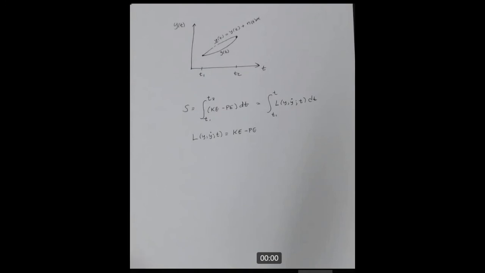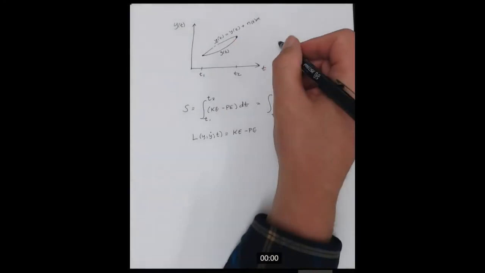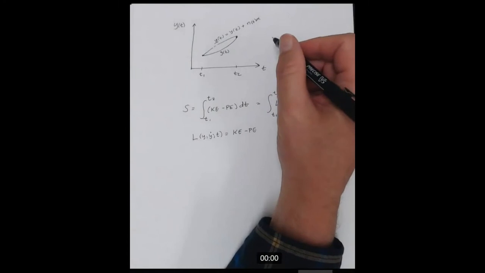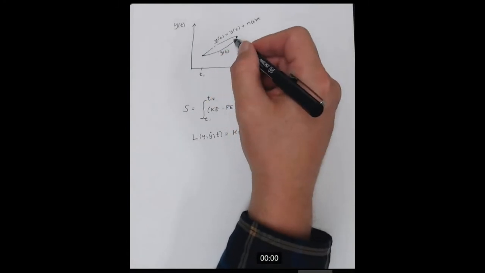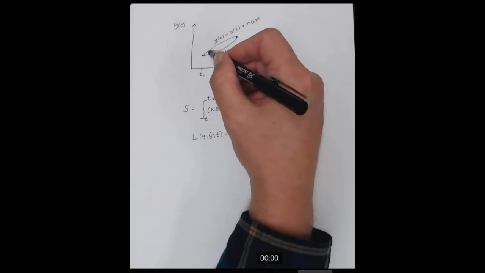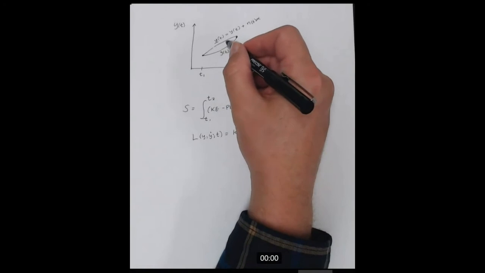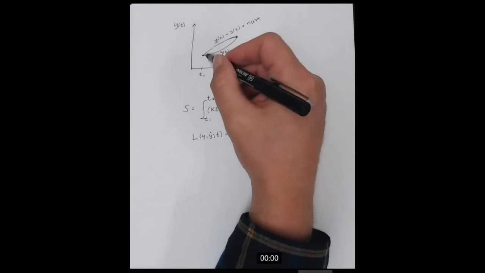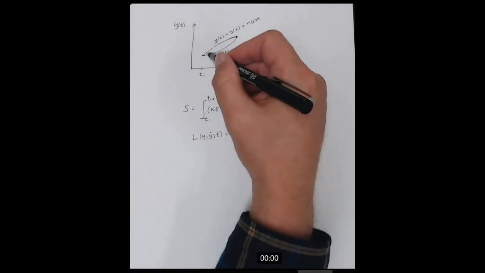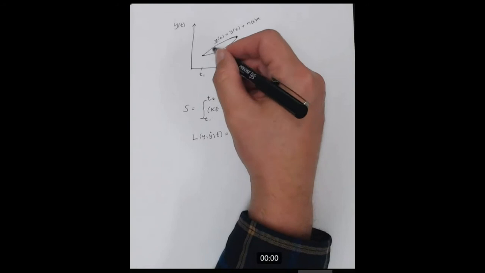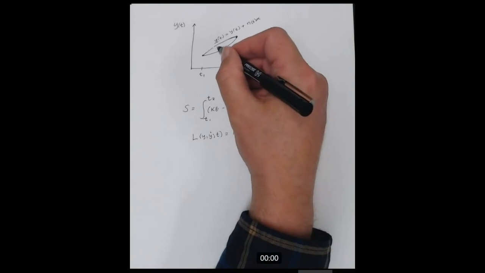So let me take a minute to talk about some notation that we're going to use. From time 1 to time 2, if our path that's not actually the true path, the path that we try here, is different, we call that difference the variance.